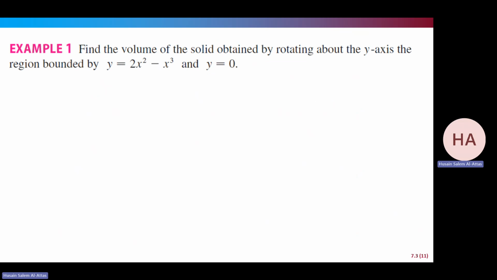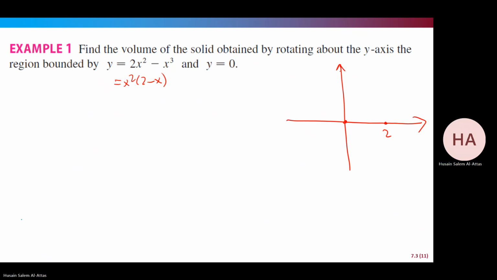Find the volume of the solid obtained by rotating about the y-axis, the region bounded by this. Okay, I need first to graph the region. How to graph the region? I think the difficulty usually comes with graphing. That will be x squared. Let me do it using grid. That will be x squared times 2 minus x. So I care about x between 0 and 2. I have x equals 0 doing this and 2 doing this.